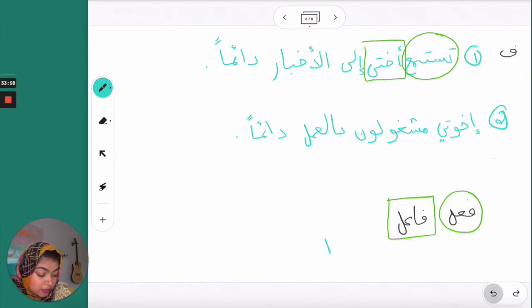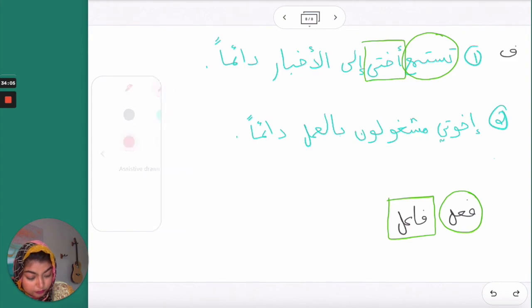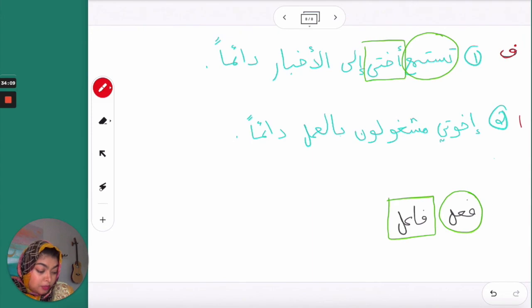Okay. So إخوتي, that's the first word. That's a noun. So if it's a noun, what kind of sentence is it? اسمية. Very good. I'll put this in red. So you'll put next to it an ألف to show that it's اسمية.